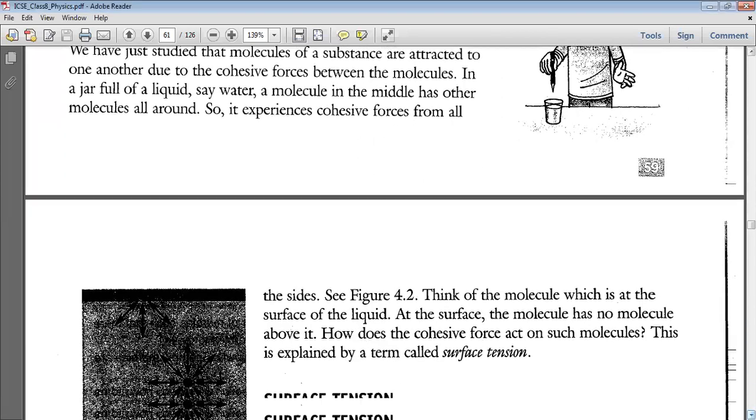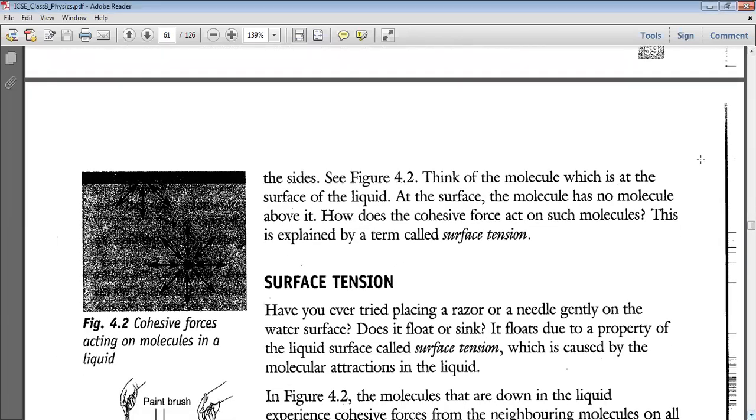But the molecules which are at the sides. কিছু মলিকিউল আছে যেটা মিডলে থাকে আর কিছু মলিকিউল আছে যেটা সাইডে থাকে. So there are some molecules which are inside and some molecules which are at the sides.